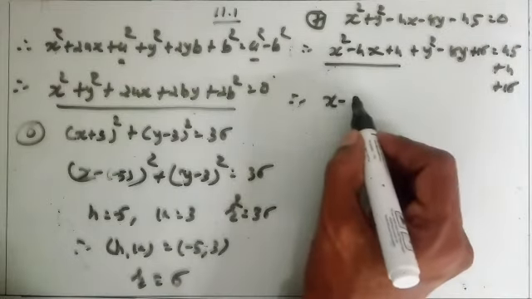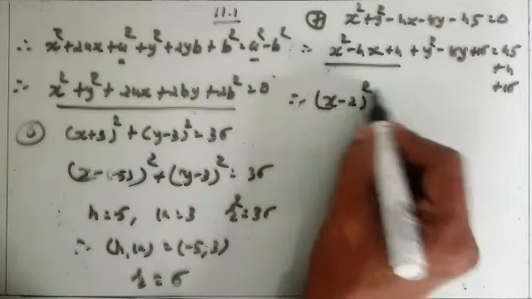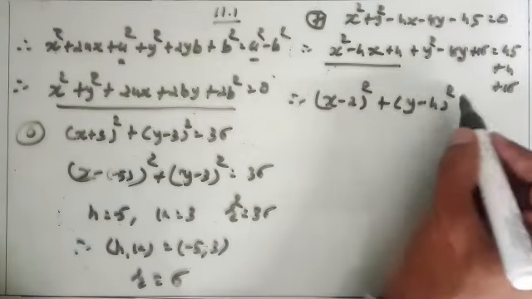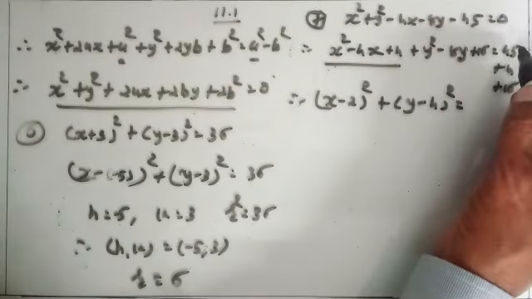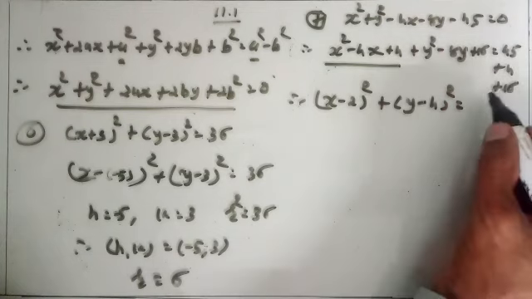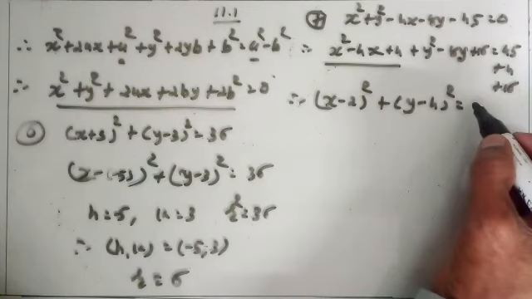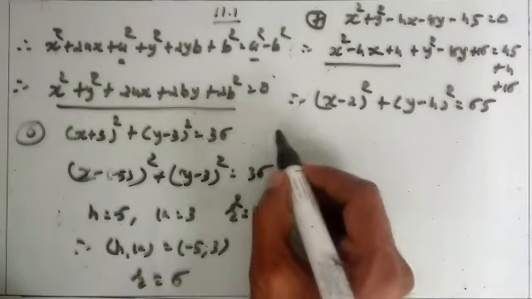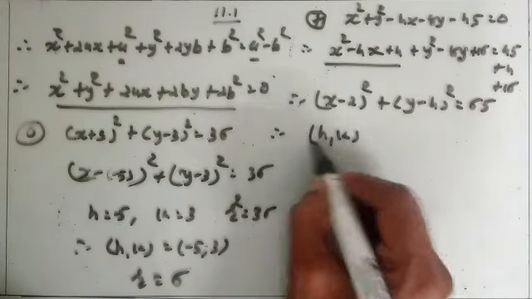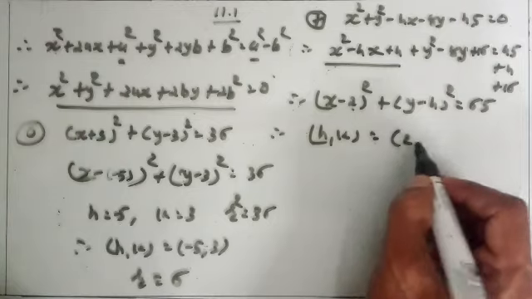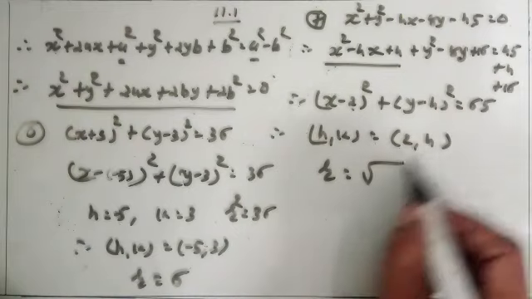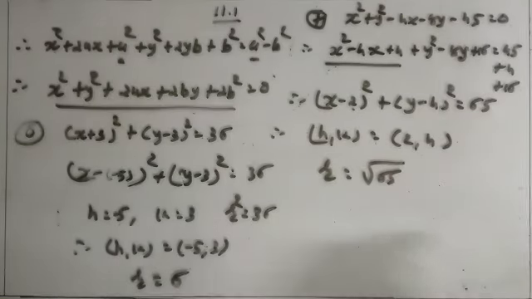So (x - 2)^2 + (y - 4)^2 = 45 + 20, which becomes 65. Therefore, the center (h, k) is (2, 4) and the radius r is equal to root 65. Clear?